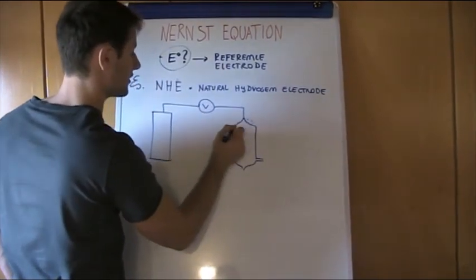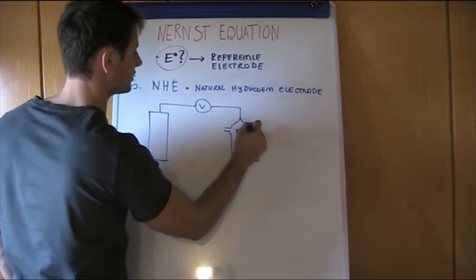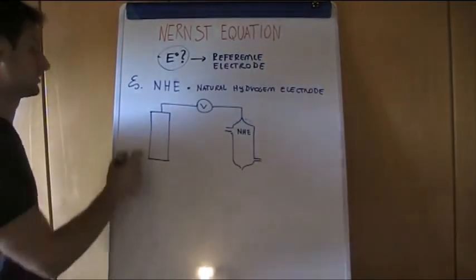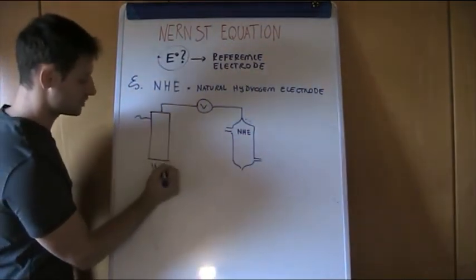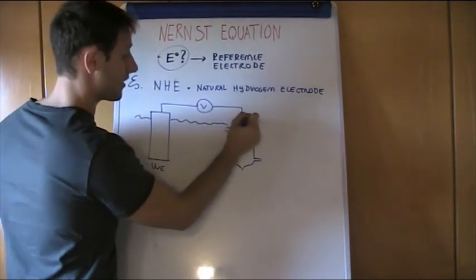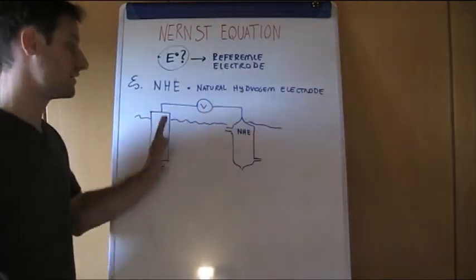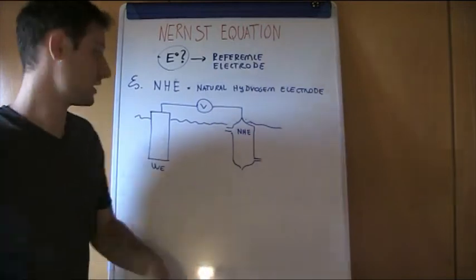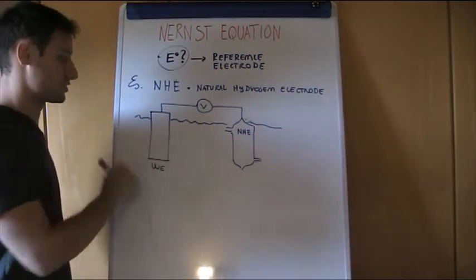So this is our natural hydrogen electrode, and this is a classic electrode, a working electrode. So we want to know, we are for a moment imagining to avoid the presence of a counter electrode, we want to know this potential.